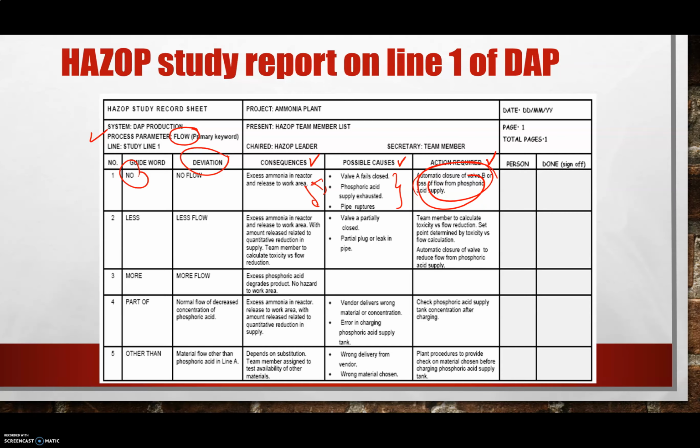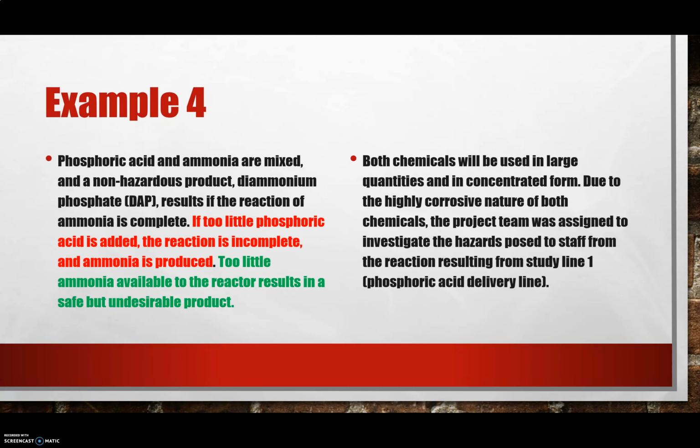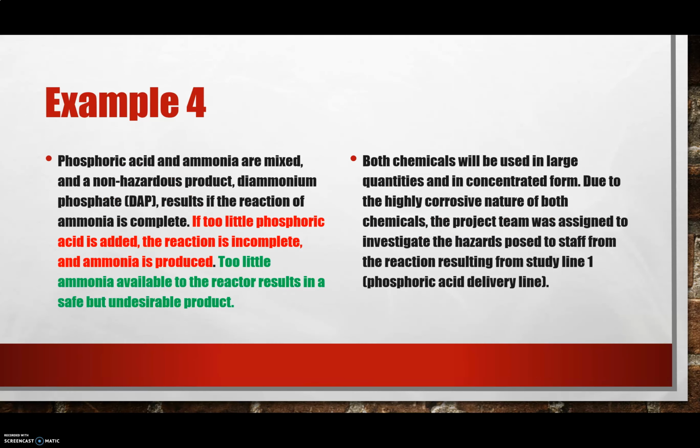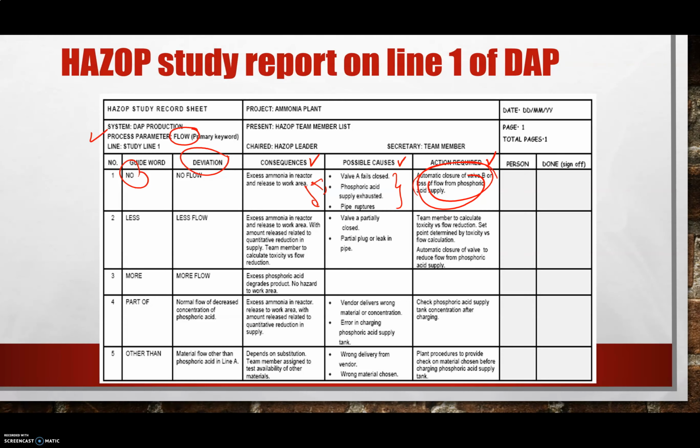That's why we need to make it a little bit systematic, so that you can go from one possible cause to possible consequences, and then the next, the action required. So you can make improvements on this report.